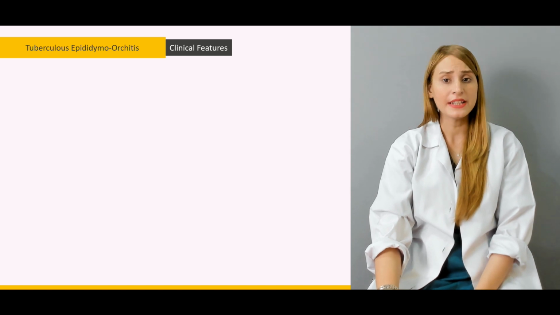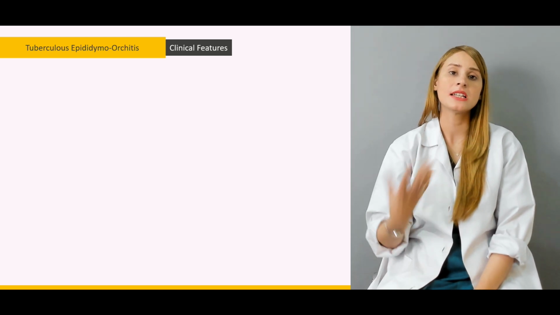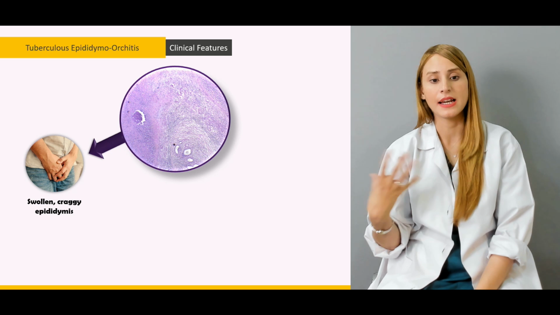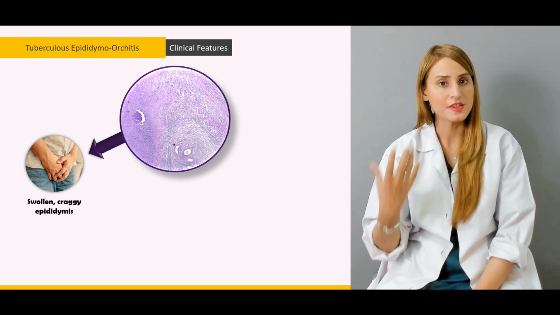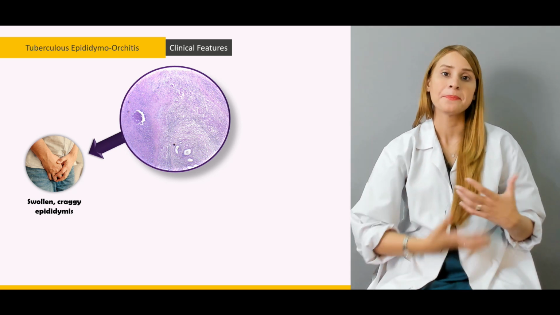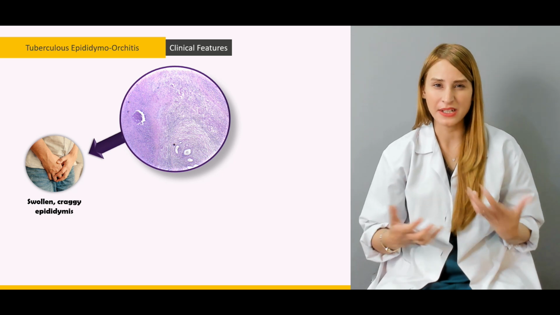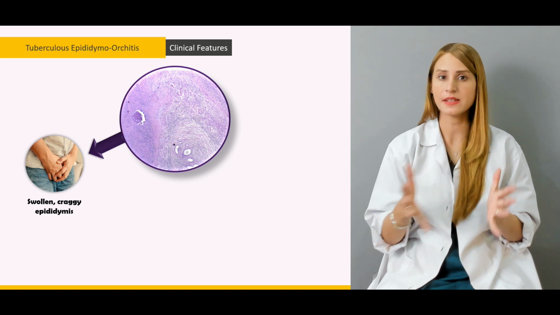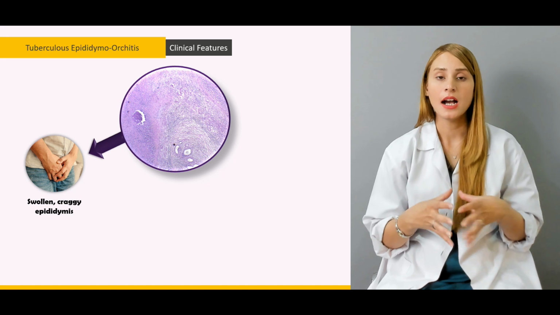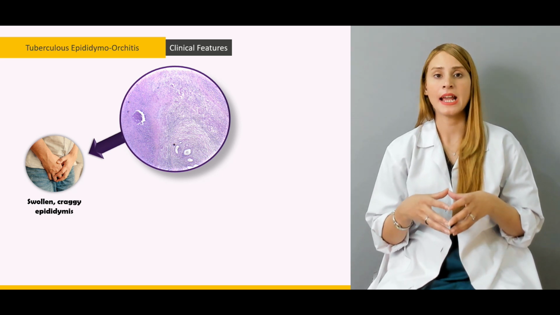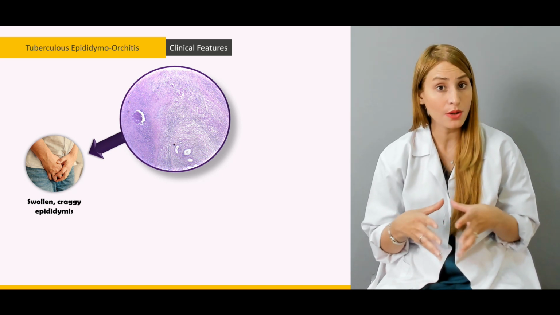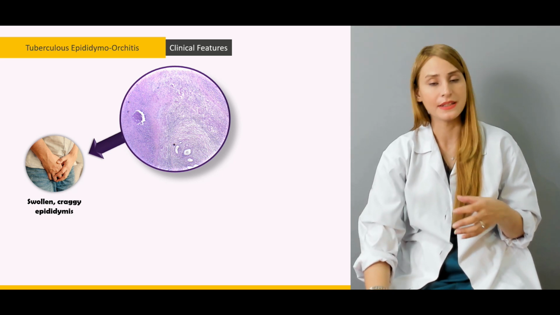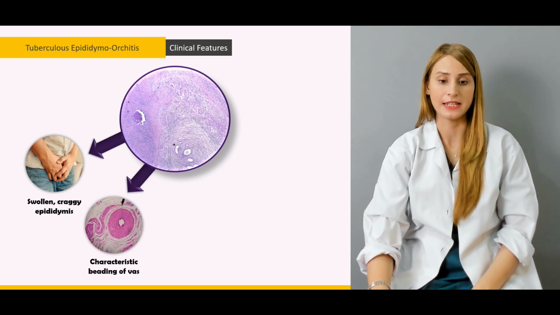So the clinical features for the tuberculous epididymo-orchitis would be, again, swelling, but the history will be a little bit prolonged as compared to the other acute bacterial epididymo-orchitis. And the patient will also give a history of weight loss, which is very significant, right?